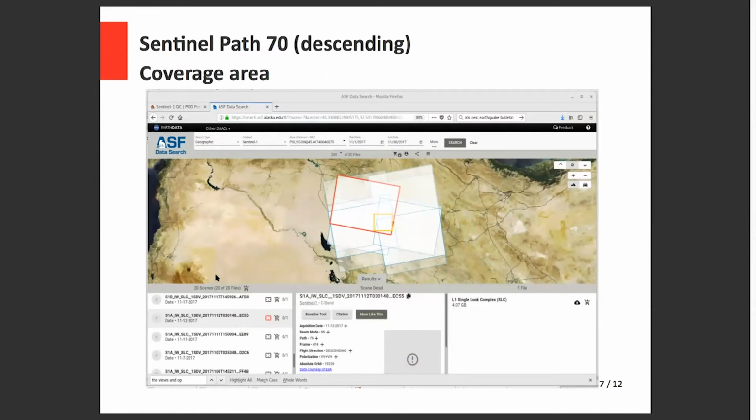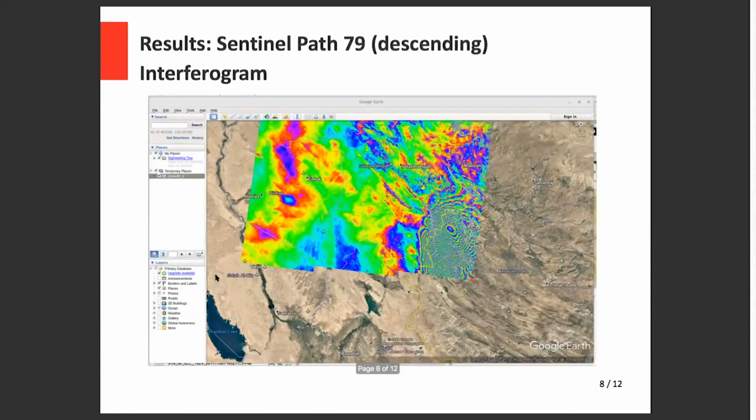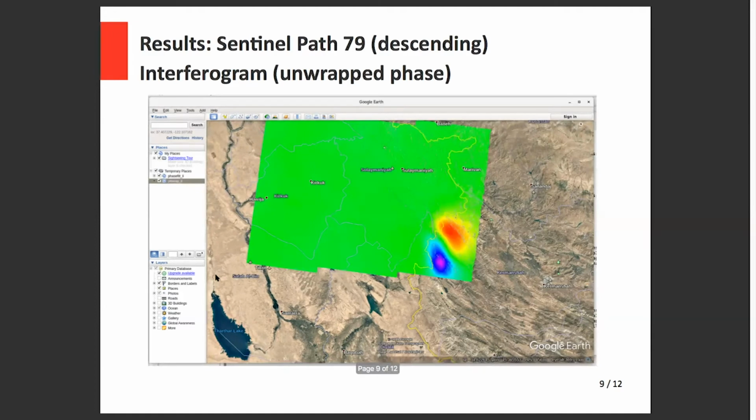This is for a descending track, and I picked satellite coverages that were within maybe 10 days apart, so they were fairly close together. Unfortunately, the deformation is almost on one of the edges of the satellite coverage. And this is the phase unwrapping.